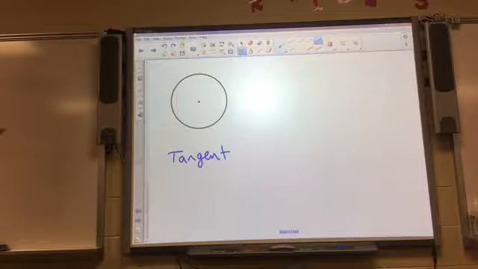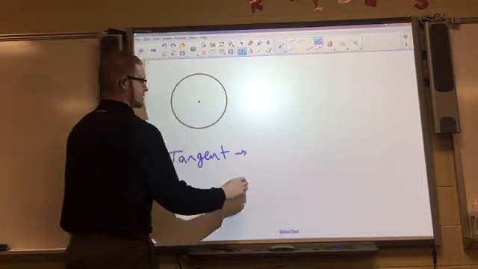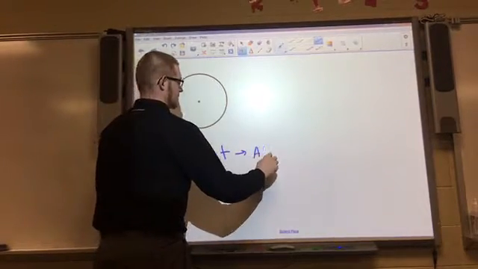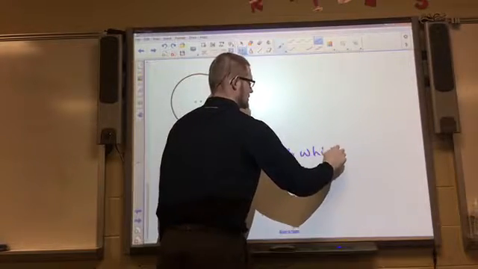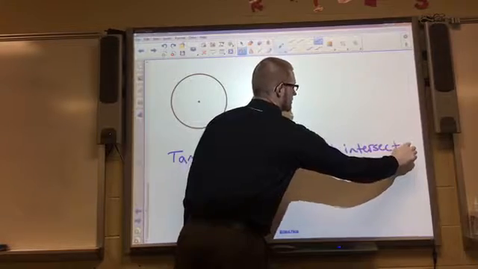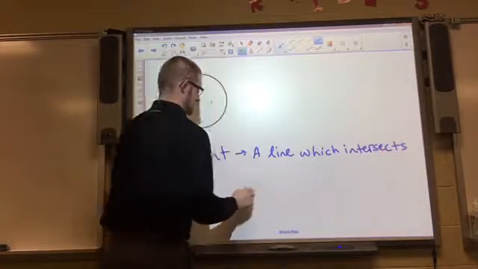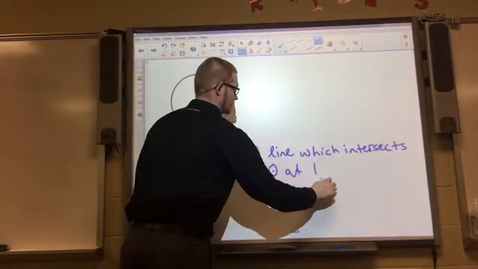But this is different. When we're talking about circles and we use the word tangent, it is a line which intersects a circle at one point.